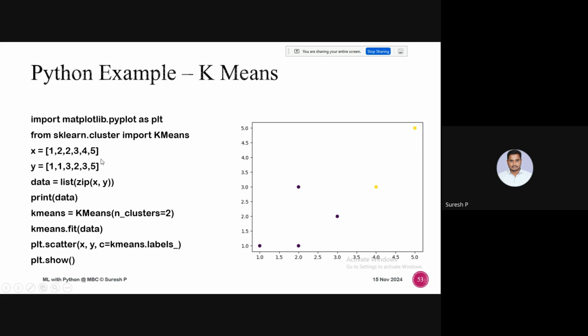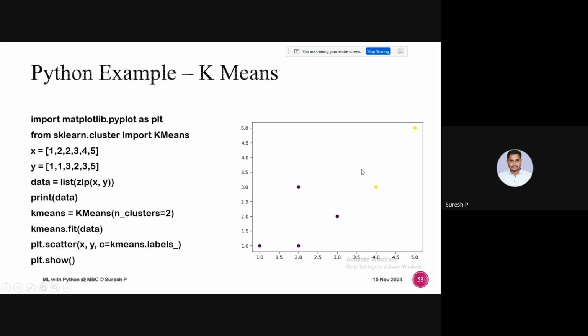Here we are generating the data points, the x value and y value. You can have a z value also. It is up to you, x, y, z, even more, based on the dimensions. Here it is two-dimensional. Even if you want 3, 4 or 5 attributes, that is also possible. Since it is two-dimensional, we have this graph.